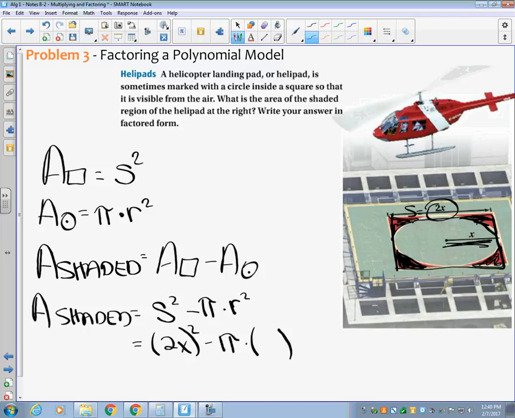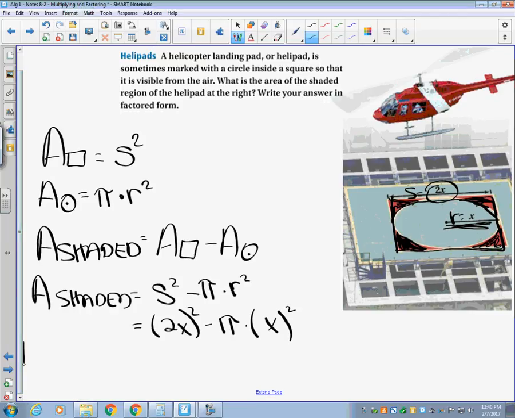That's this item right here. That is equal to x. So instead of r squared, we're going to have x squared. Now we got to simplify this down. 2 squared is 4. 2 times 2 is 4. And x to the 2 power is x squared. Our pi doesn't get anything. And we have x squared here.